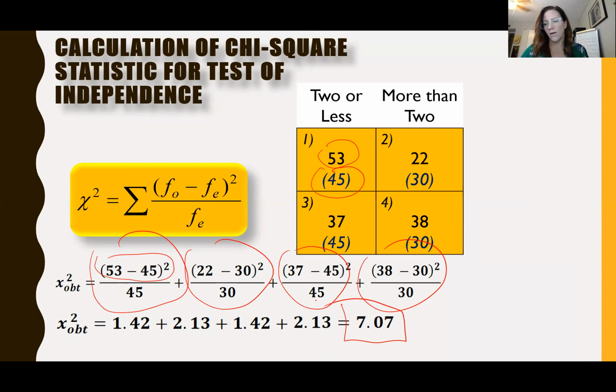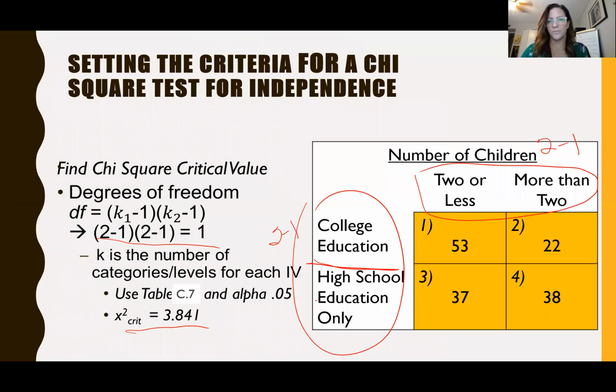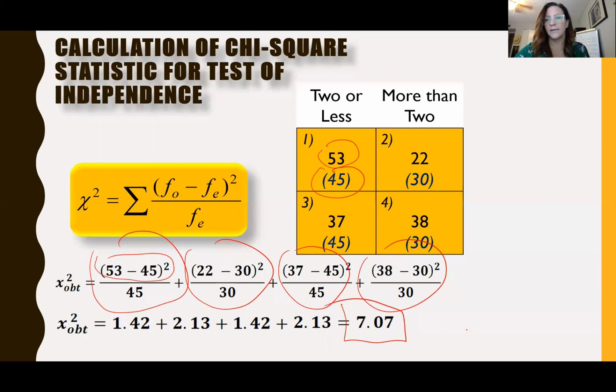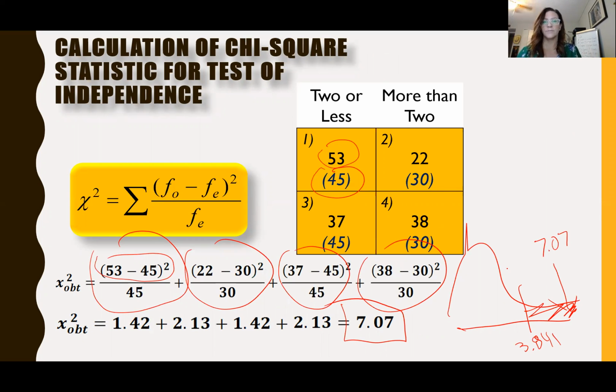So if you recall, our criteria was 3.841. So we have significance, because if we look here, 3.841 is over here. 7.07 is way over here. So that's significant.